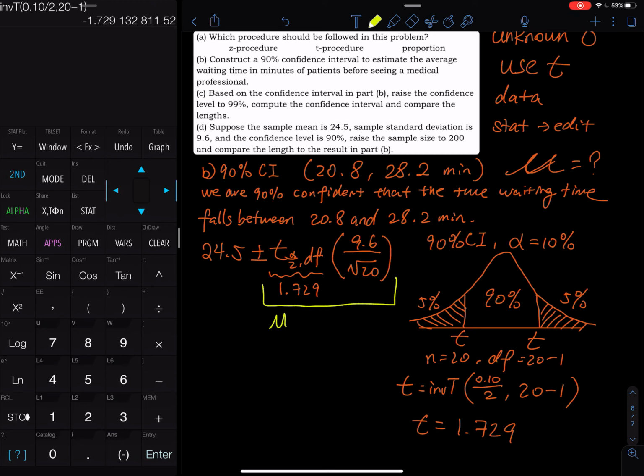This is called the margin of error, and some books call this error bound. So all you have to do is take 1.729 times 9.6 divided by the square root of 20. So the error bound equals 3.711. So the confidence interval is you take 24.5, you add and subtract that, then you get your lower limit and the upper limit.